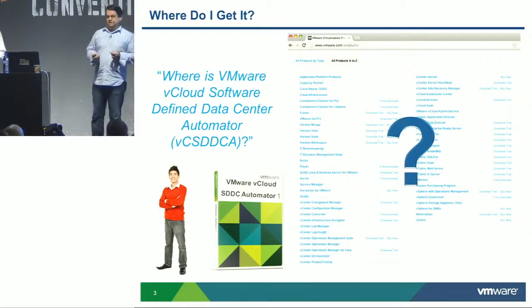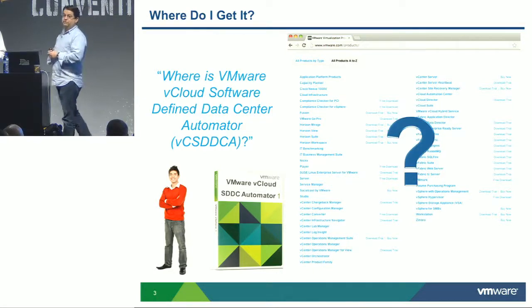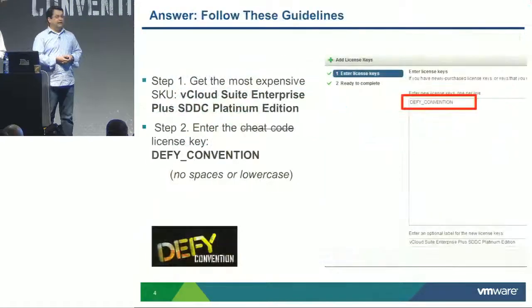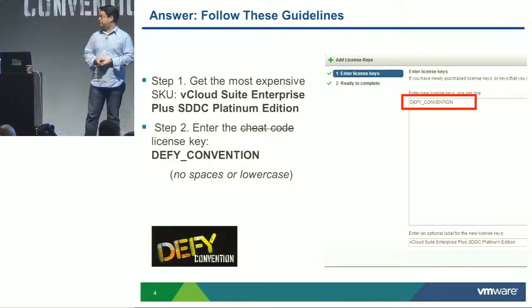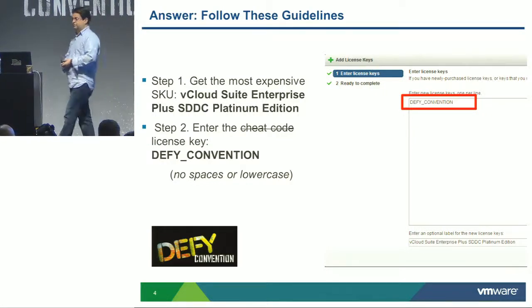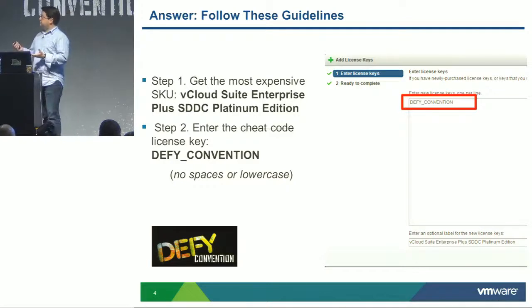So because it's the last day, and you guys made the special effort to come here and listen to us where you had many other options, we're going to give you a gift during this session. If you go ahead and purchase the vCloud Suite Enterprise Plus SDDC Platinum Edition, there is a special code that will give you that special Automator product. That has to be the Platinum Edition, right?